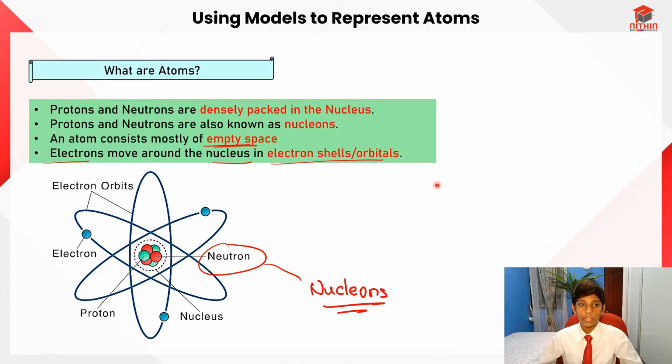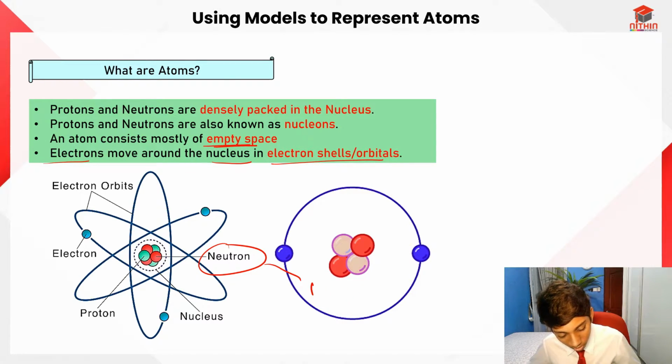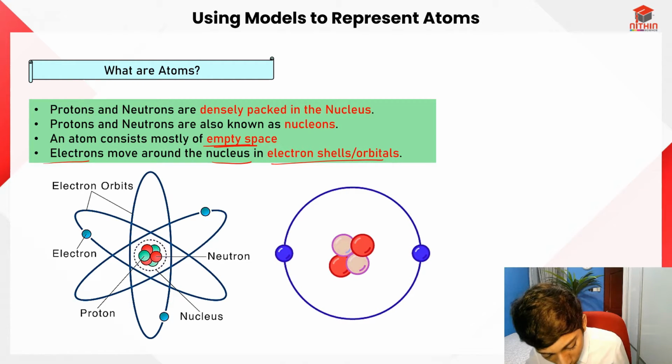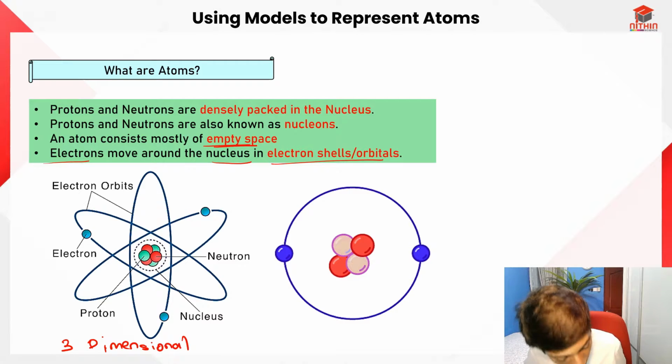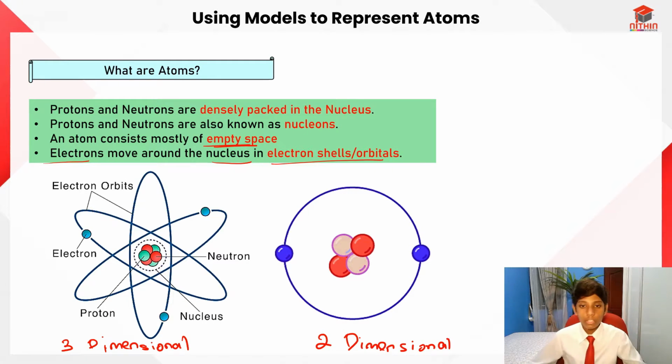Let's move on. These are examples of atoms. This is how you represent it in a two-dimensional figure, and this is a three-dimensional figure. This figure here is three-dimensional, and this figure here is two-dimensional.